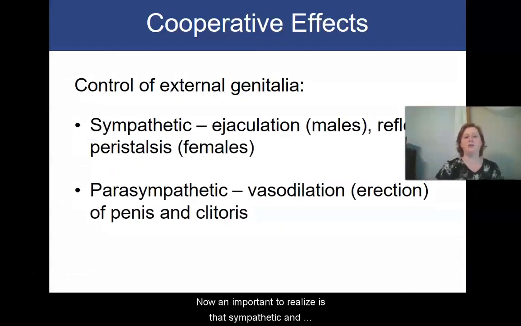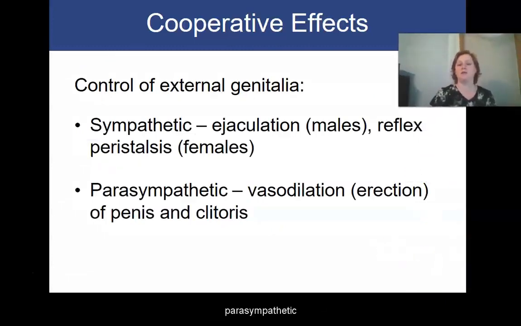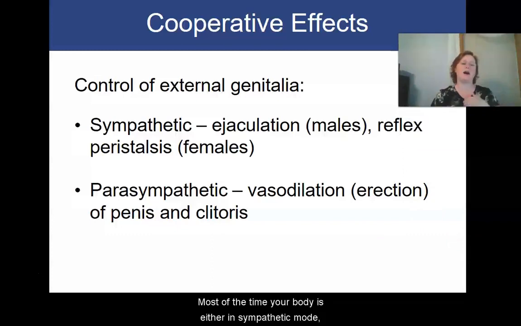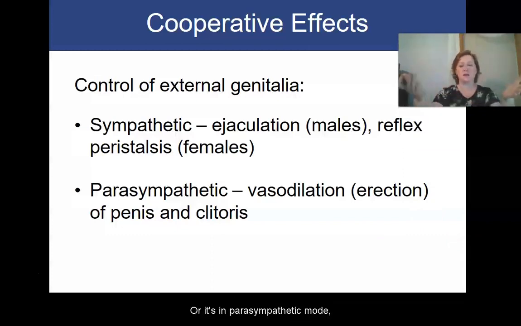Now, an important thing to realize is that sympathetic and parasympathetic typically run completely separate from each other. Most of the time, your body is either in sympathetic mode, which is fight or flight, or it's in parasympathetic mode, which is rest and digest.